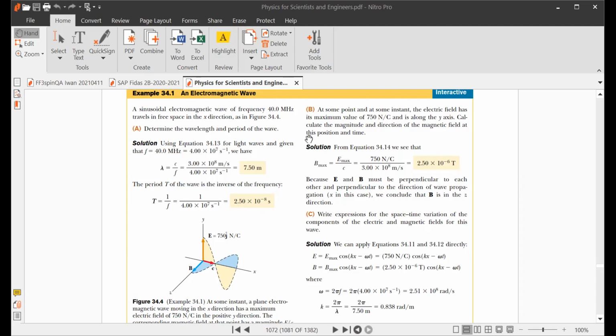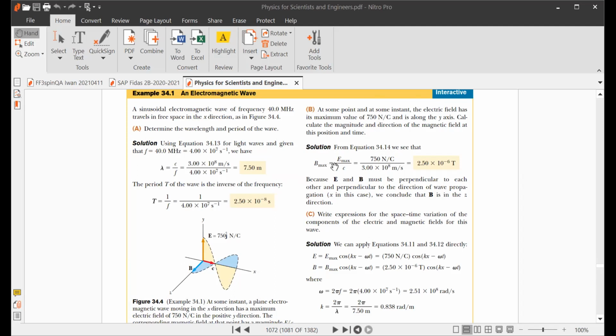B, at some point and at some instant, the electric field has its maximum value, 750 Newton per coulomb, along the y-axis. Calculate the magnitude and the direction of the magnetic field at this position and time. They have the same time and position because this is the amplitude, it's always the same in this case.